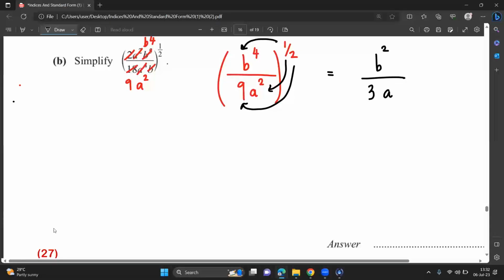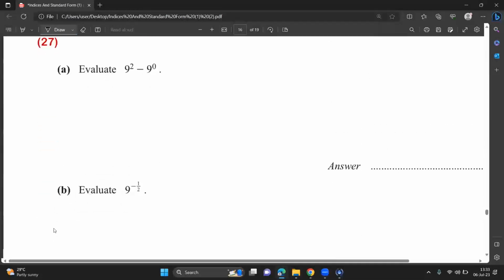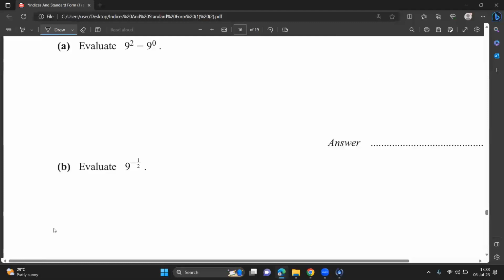Now 27. Start 27. What is 9 squared? Minus answer. 9 to the power minus half should be written as what? 1 over 9 to the power half.